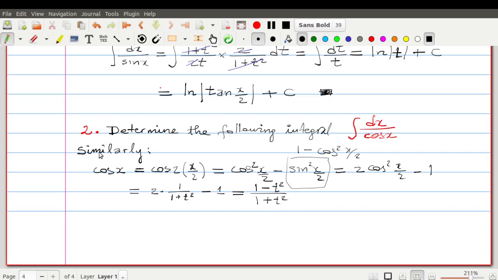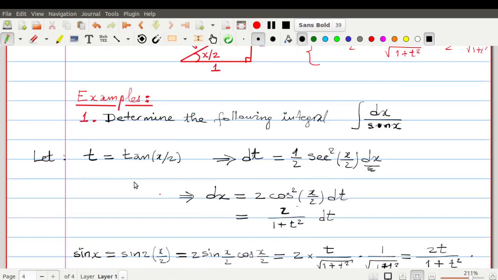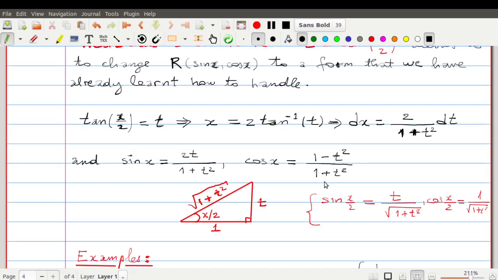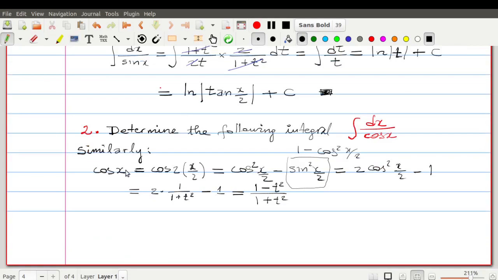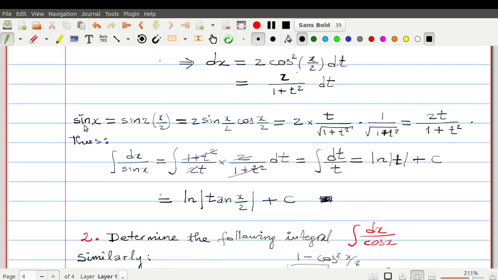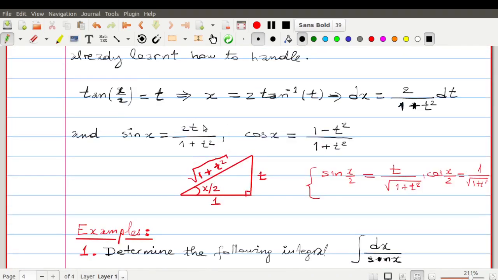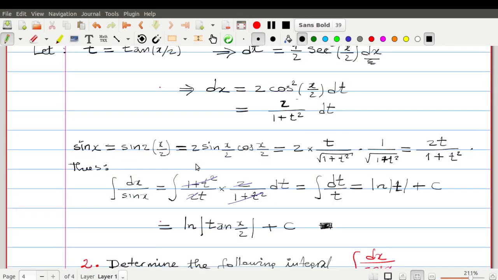But it was already here. I don't know why I wasted all that time. Even sine x is 2t by 1 plus t squared.